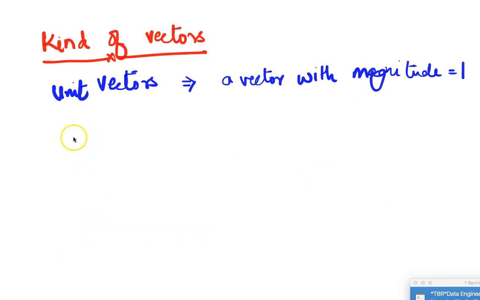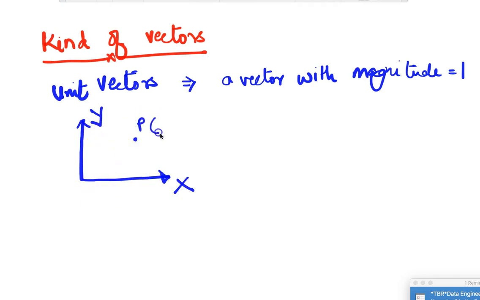So in order to understand the importance of the concept, let's first think about a plane. In your coordinate systems, you would have seen a two-dimensional plane can be represented by an x-axis and y-axis, and any point P can be defined as its value at x and its value at y. Say this is 3, this is 4: (3, 4). So this length OP, this is O, and say this is a vector.